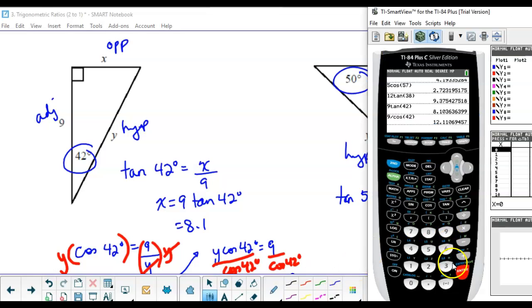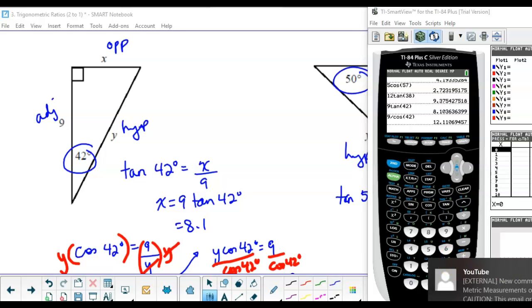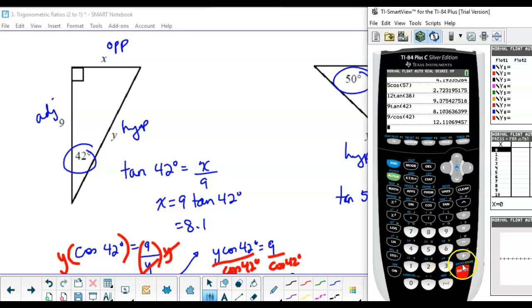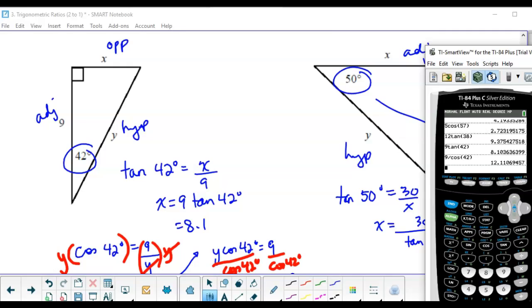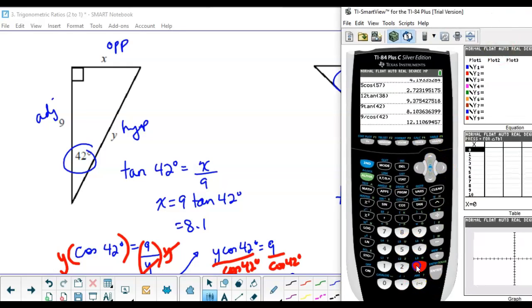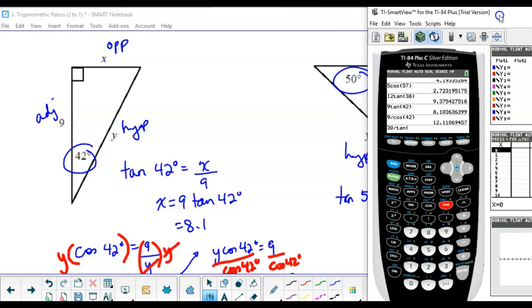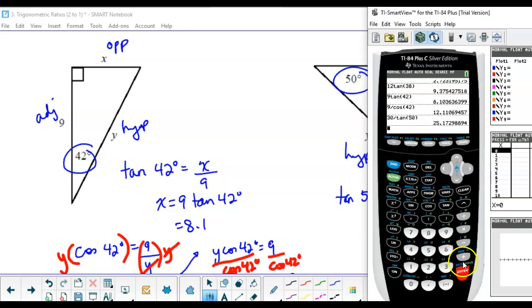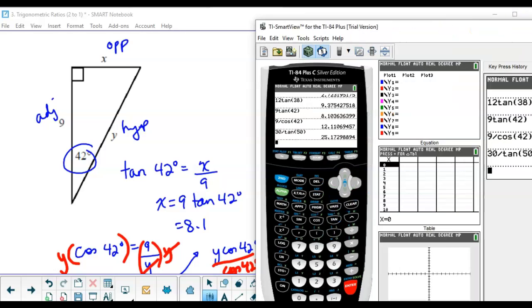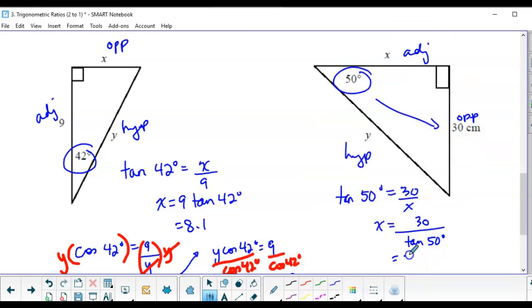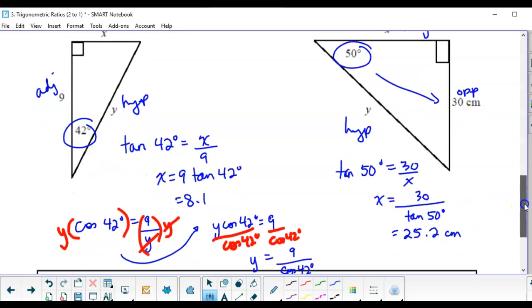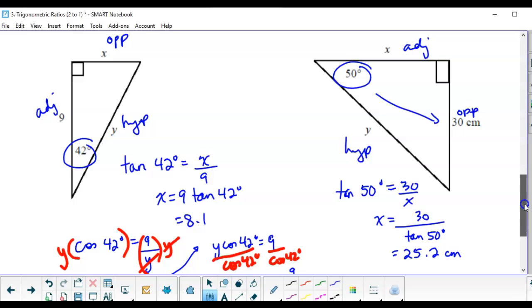Okay, so 30, was it 30 or 3? Sorry. Yeah, 30. 30 divided by tan of 50 degrees is 25.2 centimeters.